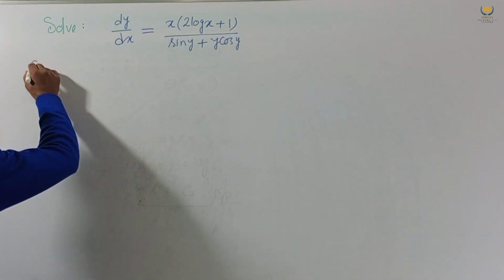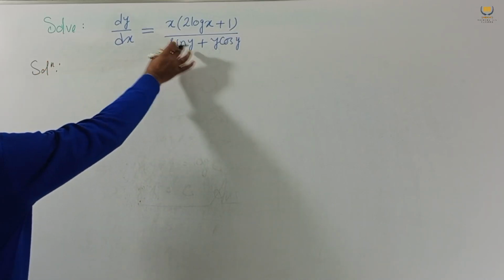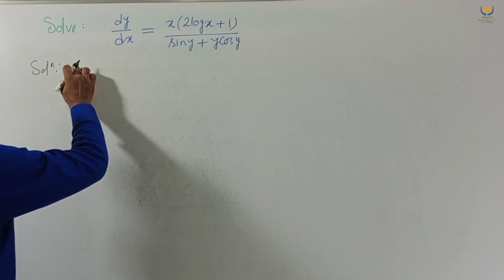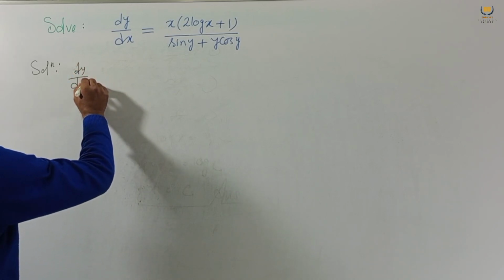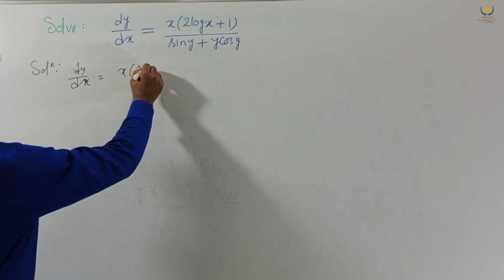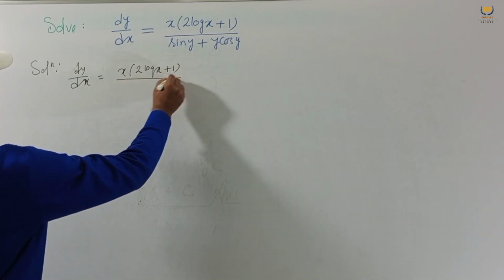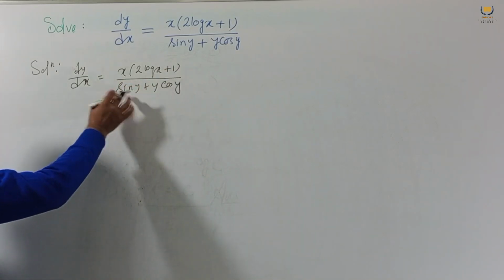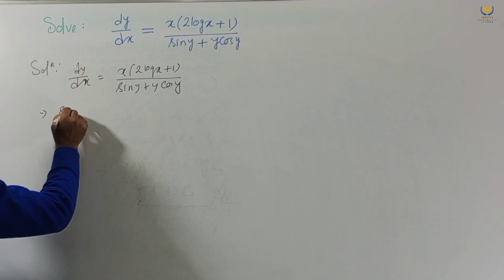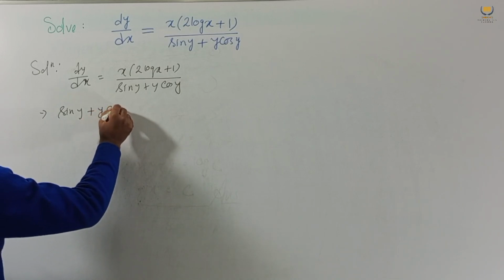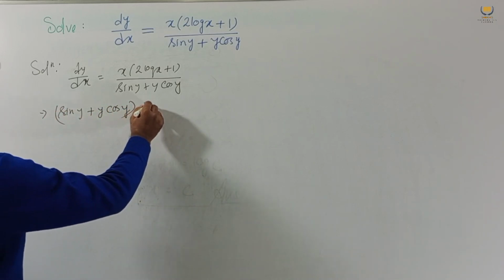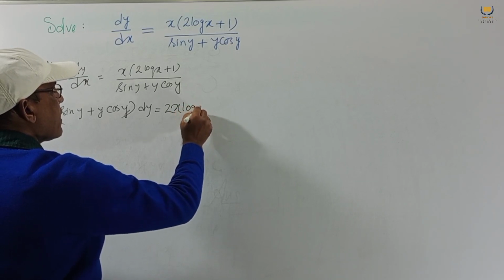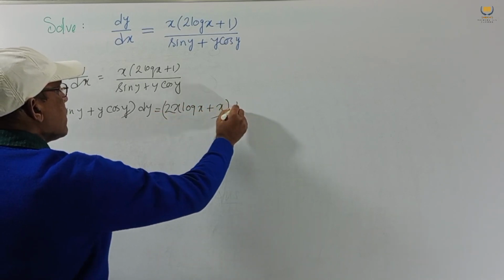Now the solution starts. We rewrite it as (sin y + y cos y) dy = (2x log x + x) dx.